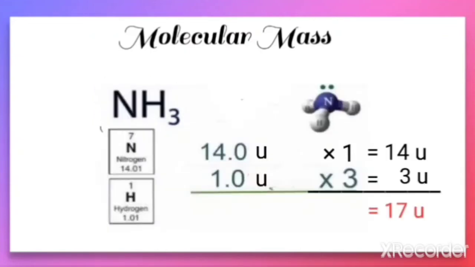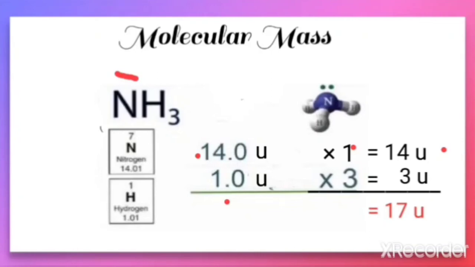Next, ammonia. The formula for ammonia is NH3. That means there is a single nitrogen atom and 3 hydrogen atoms. The atomic mass for nitrogen is 14 U. Since there is only a single nitrogen atom, as you can see in the formula, we multiply with 1, which gives 14 U, and the hydrogen atomic mass is 1.